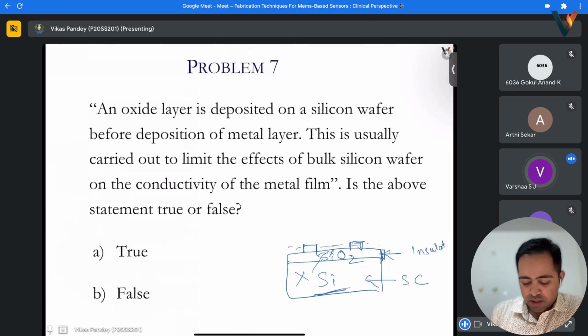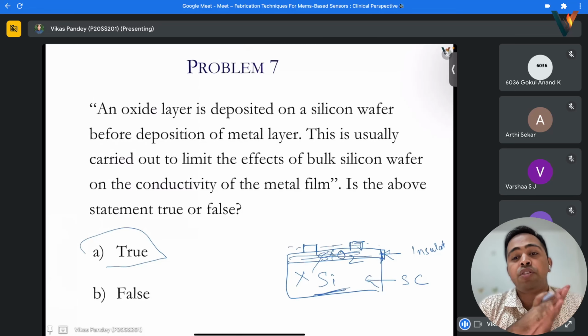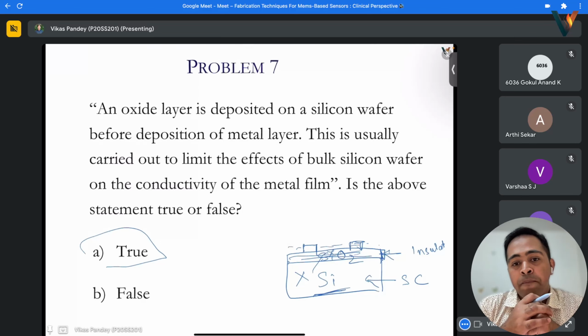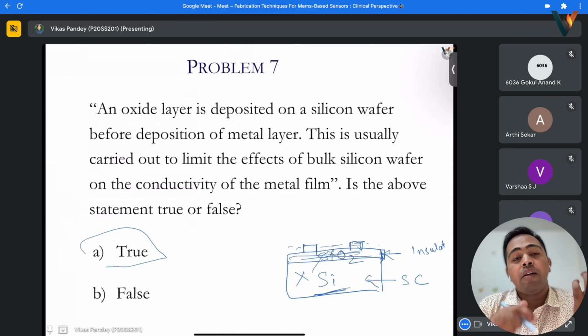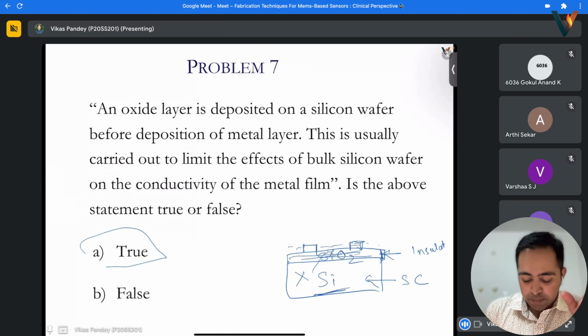It will be true, because if we are not using SiO2, certainly the silicon will take part in conduction. And as I said, a very basic reason for using silicon is that silicon MEMS based technology is already at a very advanced level, and we can take advantage of it. Here silicon is not part of our sensor, but it will enable us to do a lot of other things like the patterning.